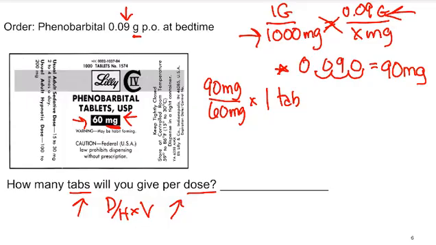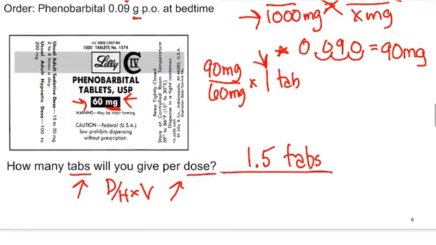I always recommend putting this 1 in there, even though multiplying a number by 1 ends up being its own number. If you don't get in the habit of that, when it's not 1, you might forget that step. So in this case, I get 1.5 tabs. It's really important to make sure you label that and write it right on your line there. Okay, moving on.